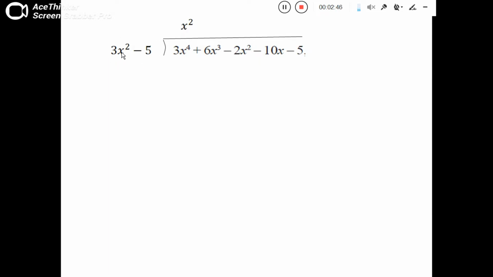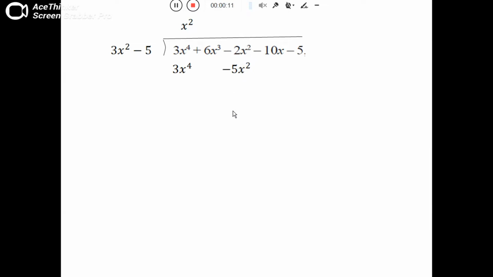X square into 3x square is equal to 3x raised 4. And this x square multiplied by minus 5 gives you minus 5x square. This minus 5x square we have to write down under the x square term.